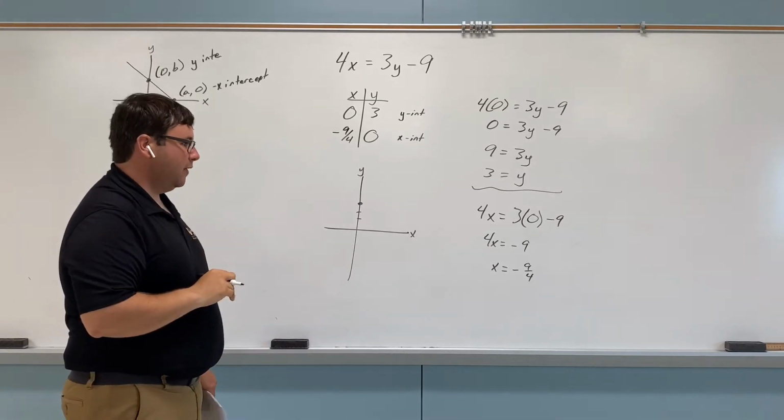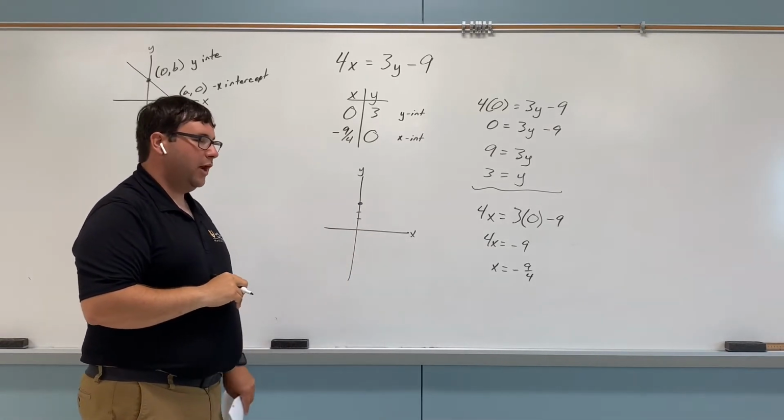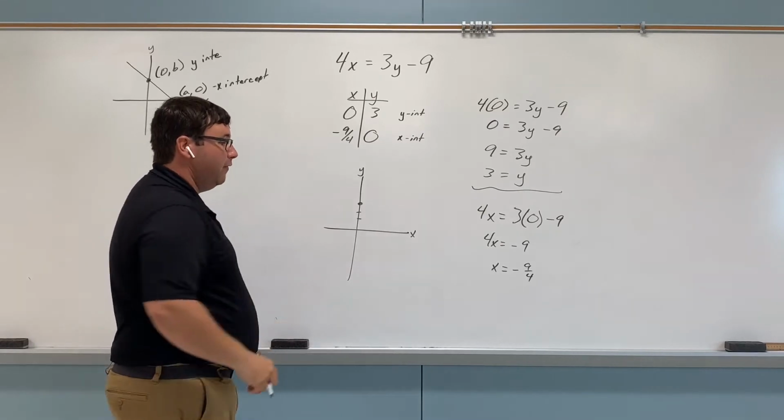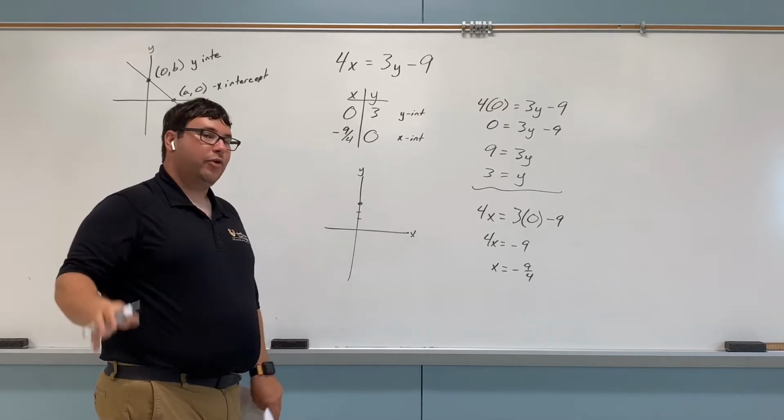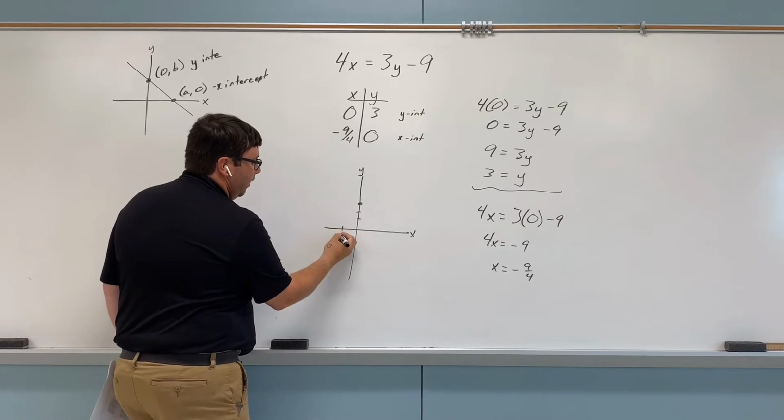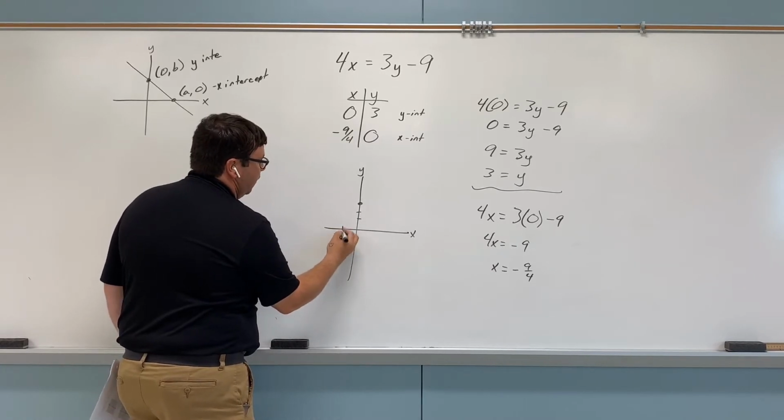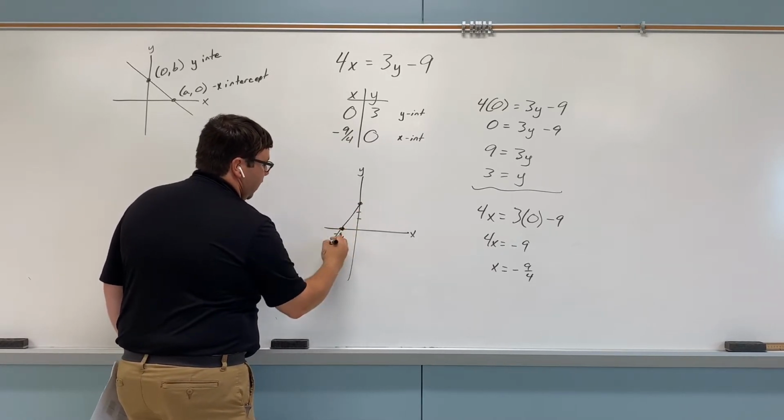Now, that being said, if you have x is equal to a negative 9/4 and you have a graph that has no scale, you have no problem. You just specify, hey, this is negative 9/4. Boom, there's my point, and I graph.